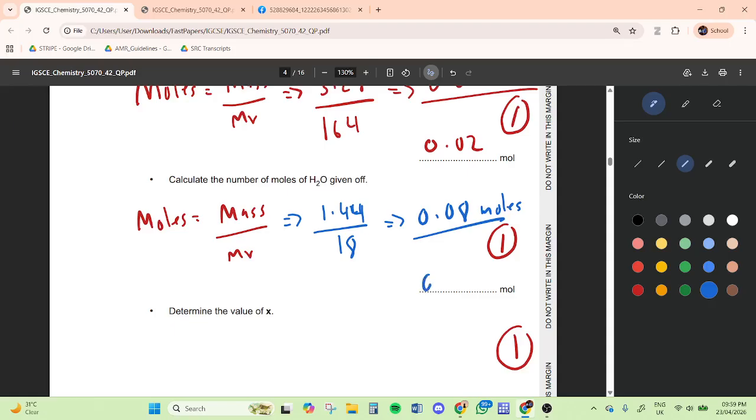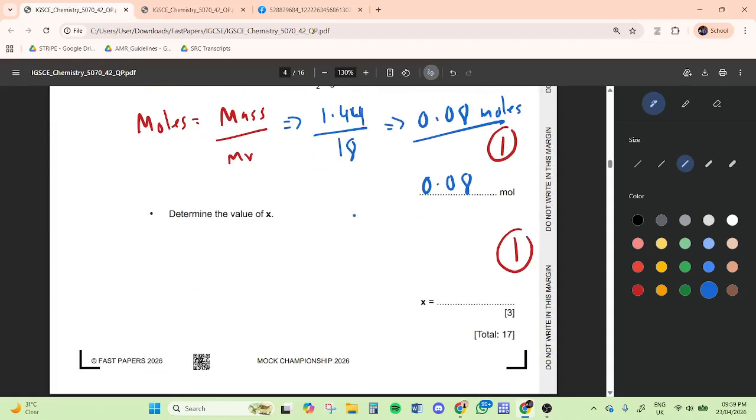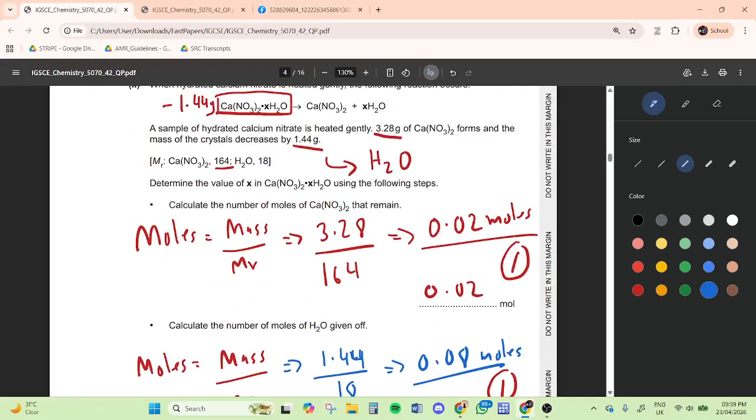Let's say, God forbid, worst case scenario, you're doing this question last, and you don't have time to get to the final step. As long as you've done these two, you're at least getting 2 marks, which is always better than getting no marks. Determine the value of X. So here's the thing. We're looking at this molar equation: calcium nitrate into X H2O. For every 1 mole of calcium nitrate that you have, you get X moles of H2O.